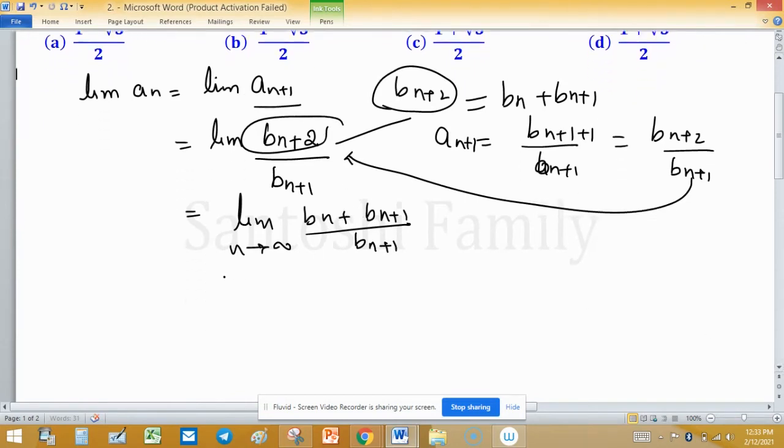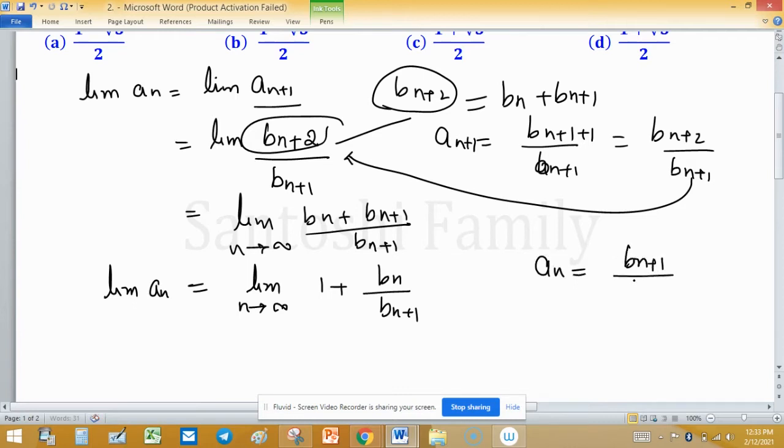Now it will be the limit as n tends to infinity of 1 plus b_n divided by b_(n+1), and on the left hand side, the limit of a_n. As a_n is given to us as b_(n+1) divided by b_n, take its reciprocal.